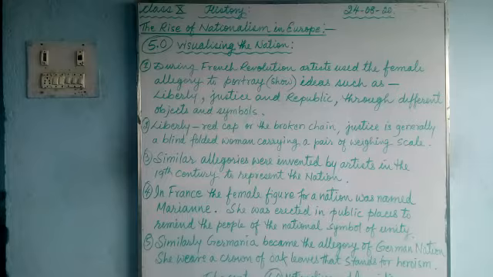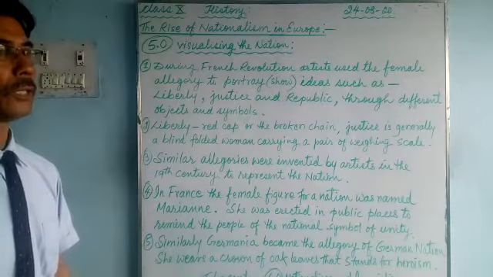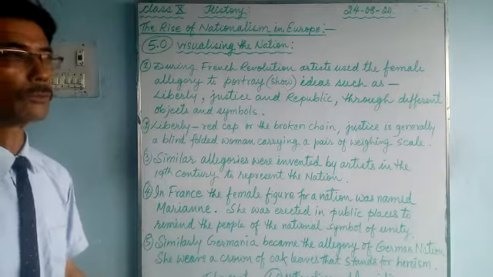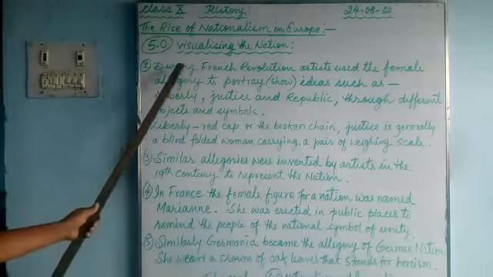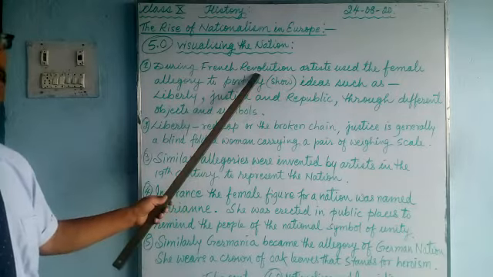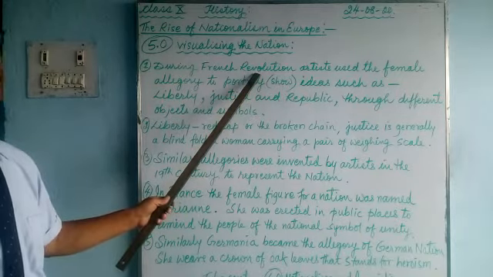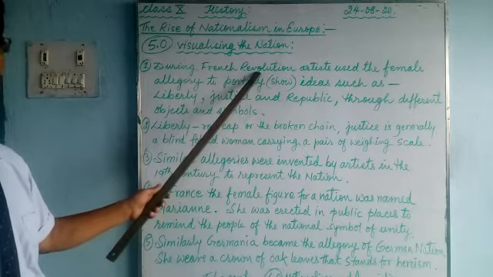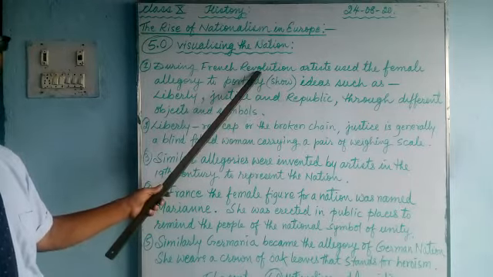Some symbol has to be used, and that idea was generated during the French Revolution. From here the idea of the allegory, the personification of a nation, emerged.